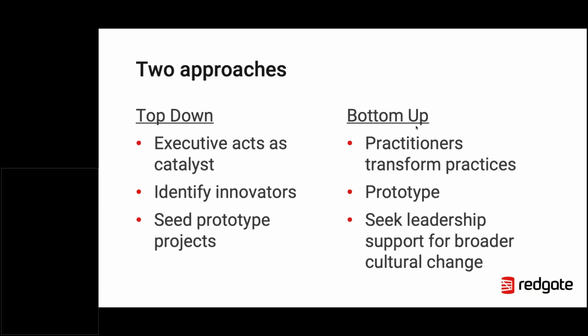From the top down, it's very useful to identify executives who will be on board because they have that vision and DevOps aligns with it. They can act as a catalyst and help unblock you. If you've had success but need help in certain areas, those folks can help straighten those things out.